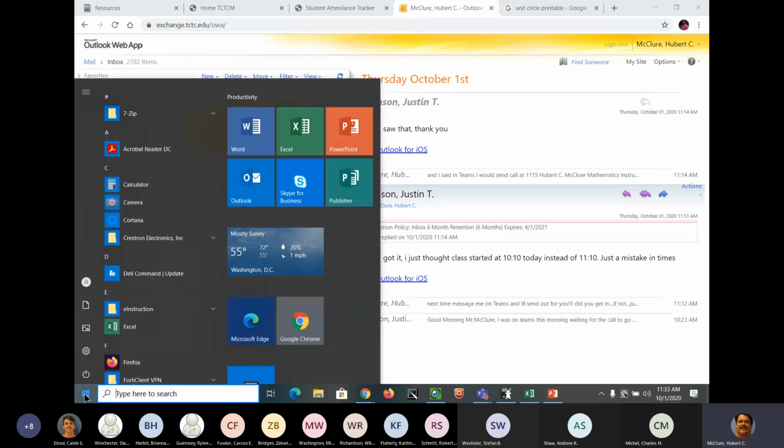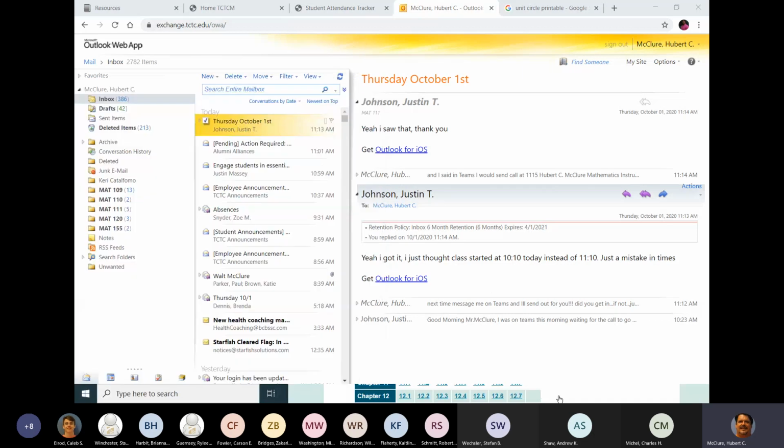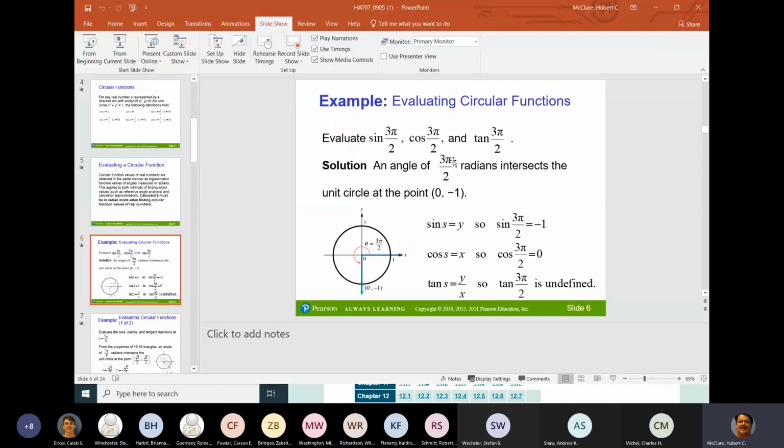I'm trying to find my PowerPoint. There we go. And there's that one, 3 pi over 2. 3 pi over 2 is 270 degrees. So you already know that your cosine and sine are 0 and -1, just because that's how you plot 270 degrees: 0, -1. And if you did the tangent of that, you would get undefined.